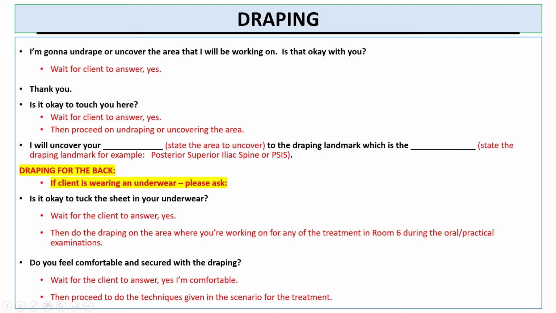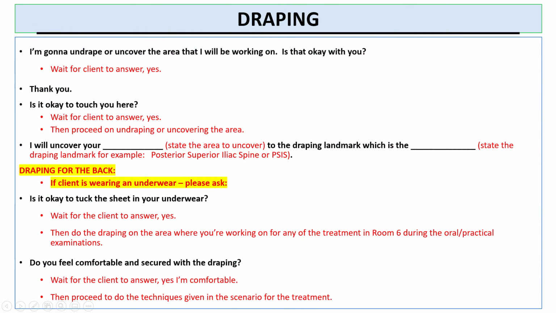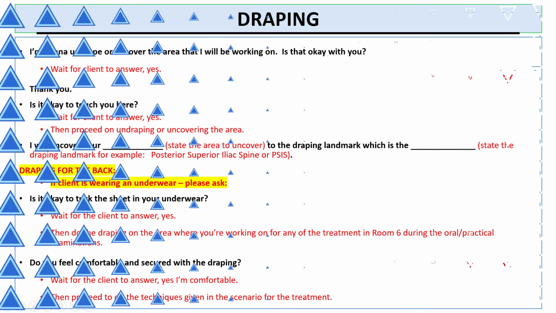Then do the draping on the area where you're working on for any of the treatments in room 6 during the oral or practical examinations. Then say, do you feel comfortable and secured with the draping? Ask this question right after you're done with your draping before you start your treatment. Wait for the client to answer, yes, I'm comfortable. Then proceed to do the techniques given in the scenario for the treatment.